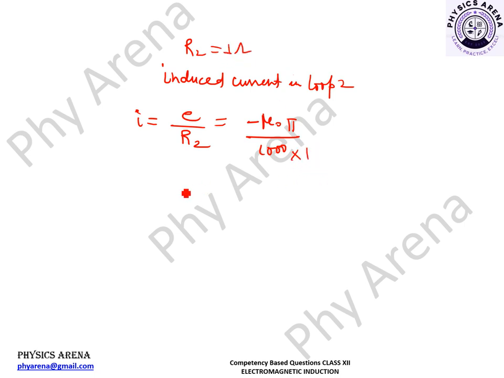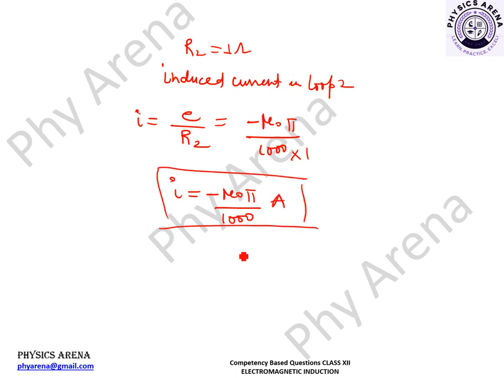So the value of induced current will be the same as that of the induced EMF because the resistance was 1 ohm only. So I is equal to minus mu naught pi divided by 1000 amperes. This is the final answer.